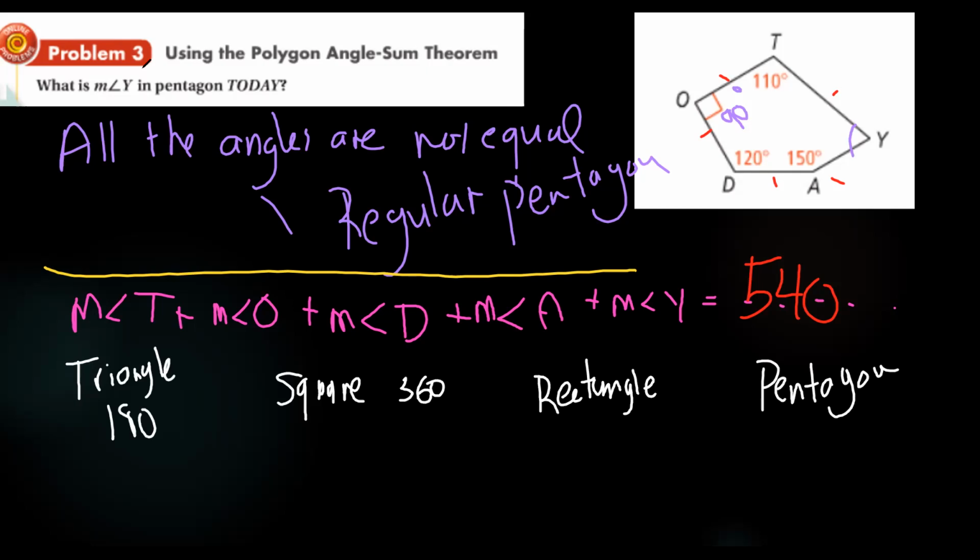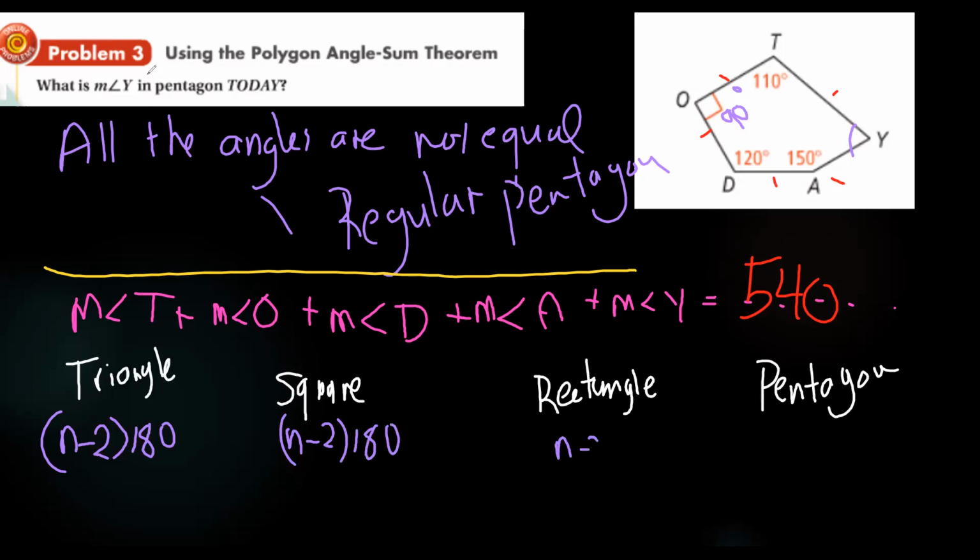So now, if we have the triangle, we said n, in order to find the summation of the angles from the beginning of this lesson, we say n minus 2 times 180. For all of them, we have the same formula in order to find the summation of the angles. Is it okay?